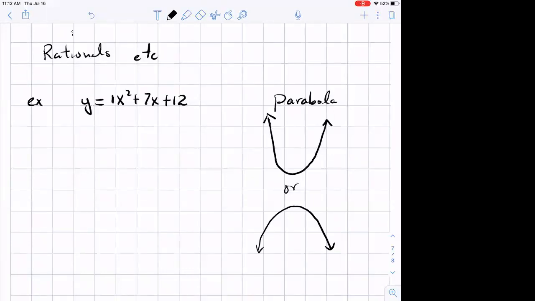If the coefficient here is positive, it would look like this. When it's negative, it will look like this. So if A is greater than 0, it would look like this. If A is less than 0, it would look like that.